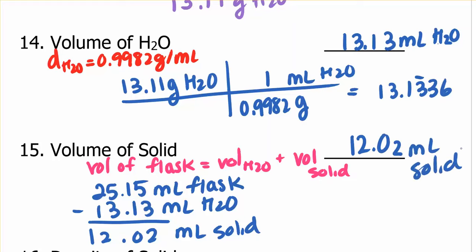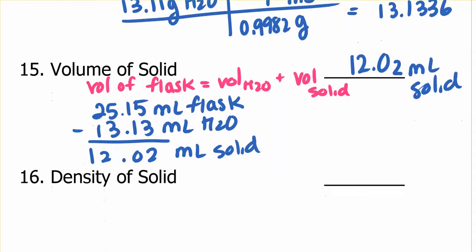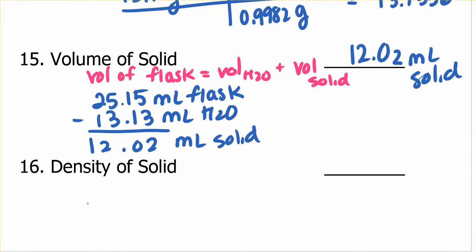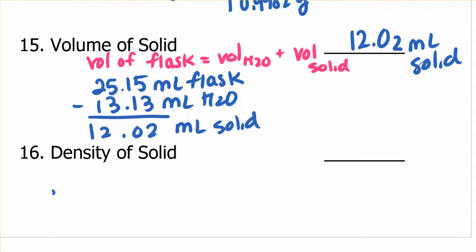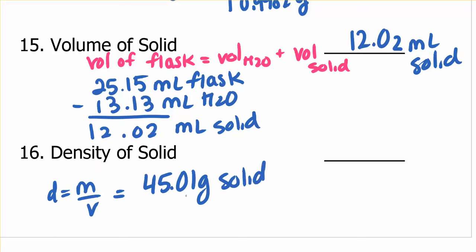On this one I'm careful to write milliliters of what and grams of what and stuff, because there's so many. Anyway, so to get the density of the solid, now all I have to do is use our equation, making sure I'm using the mass of the solid and the volume of the solid.